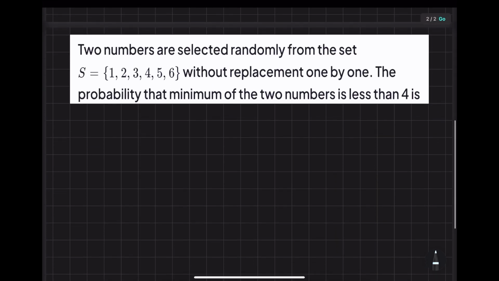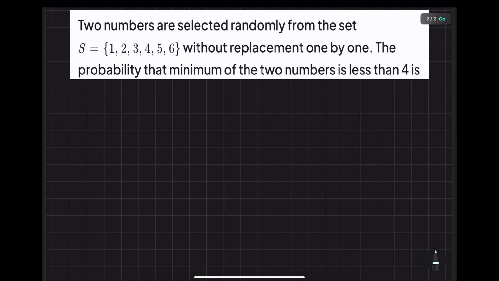Let's jump on to the next question, which is a conceptually similar idea. But look at this. Over there they had connected the maximum. Now look at this. What does this question say? Two numbers are selected randomly from the set of the first 6 natural numbers without replacement. Now you cannot do the replacement.